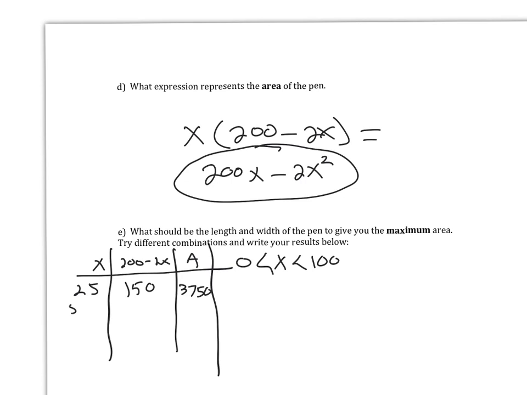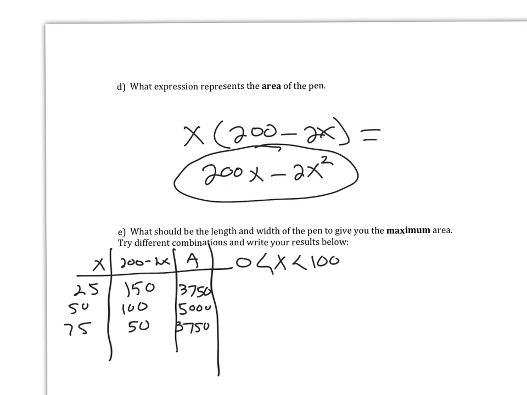If x was 50, that gives us 100, and that means our area is going to be 5,000. And at 75, this would be equal to 50, and this is again going to give us 3750.